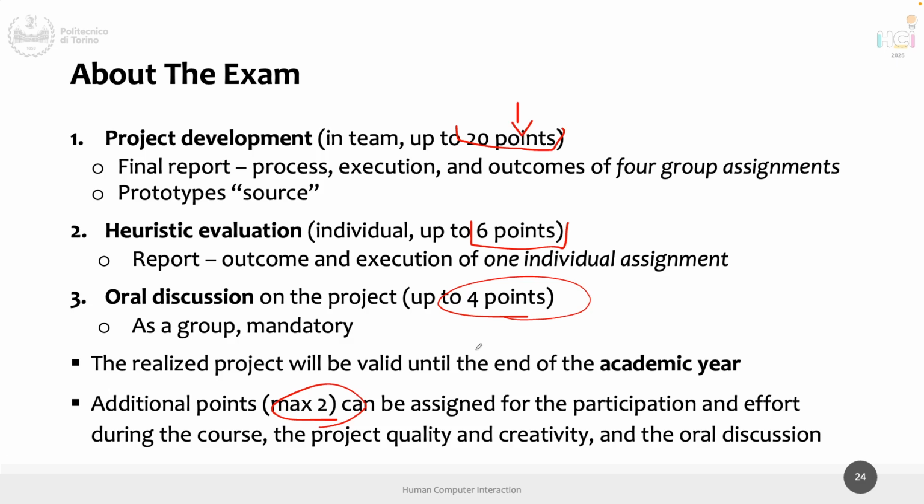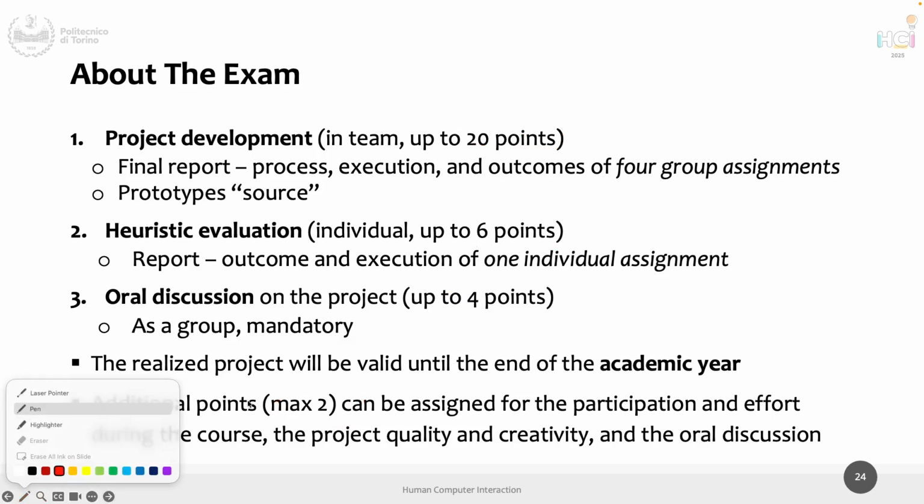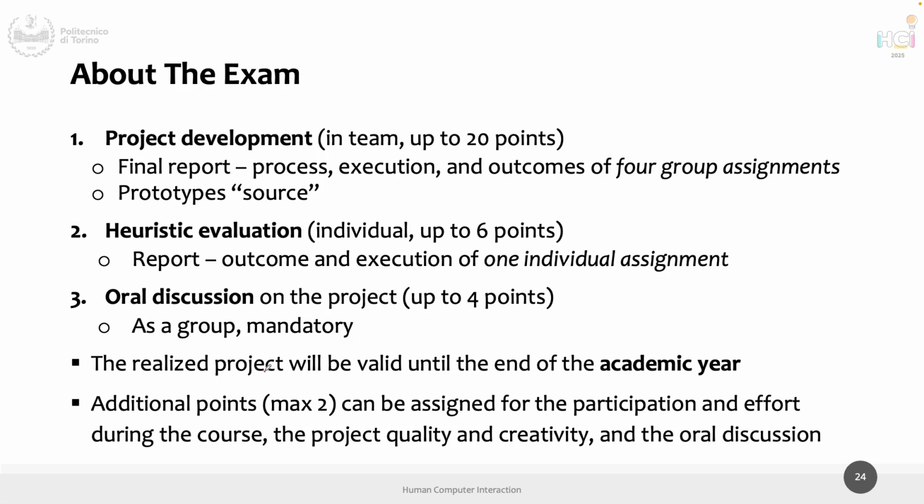But generally, typically, at the oral you play for the 4 points and the maximum 2 points here, especially for the 4 points. So let's say you did the exam as a group and you get 24, and as a group you get 4 points here, individually you get 3 points here, and you get 18 points here, whatever it is, and this is the sum.